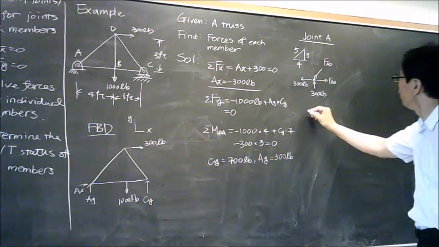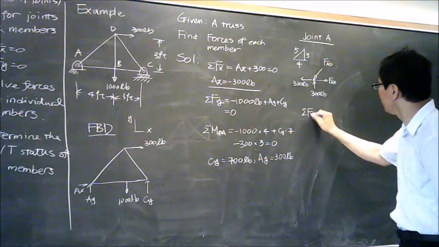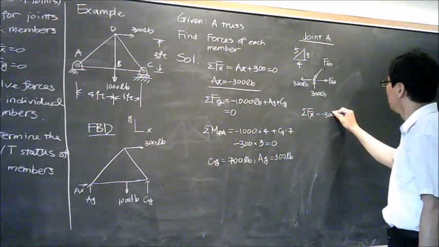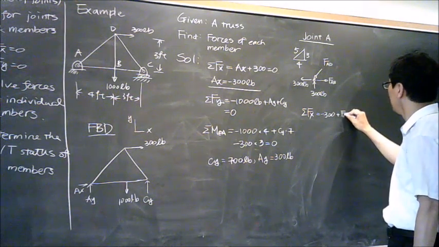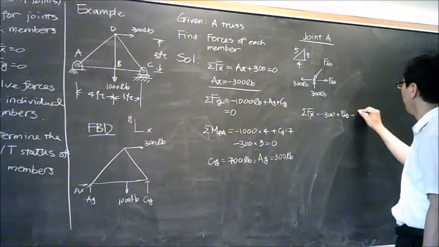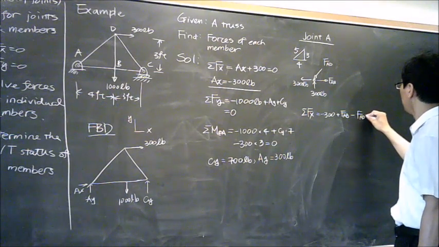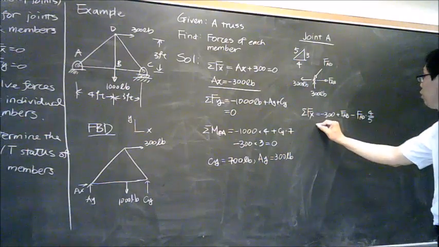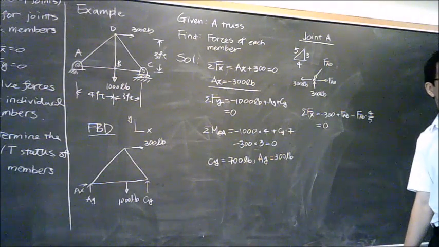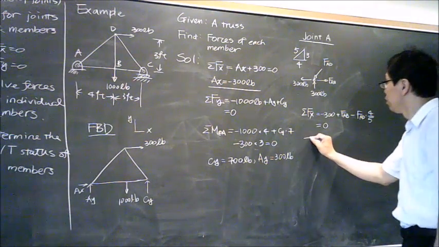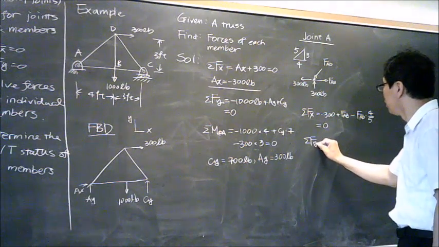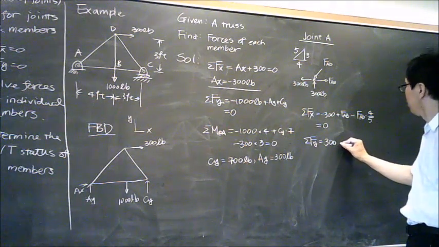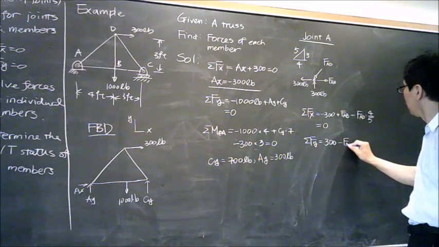As I said, we just need 2 equations, Fx and Fy. In this case, Fx is negative 300 pounds plus FAB minus FAD multiplied by 4 over 5 equals 0. Fy equals 300 pounds minus FAD.